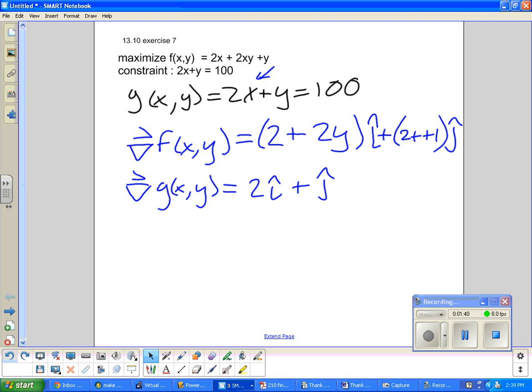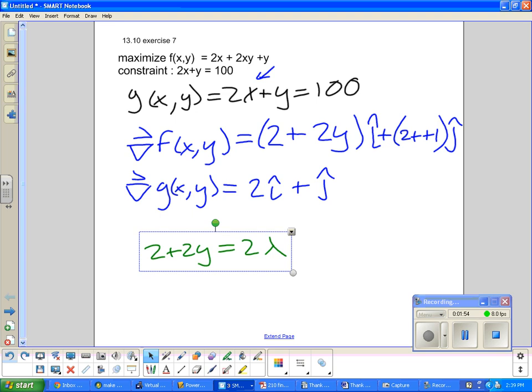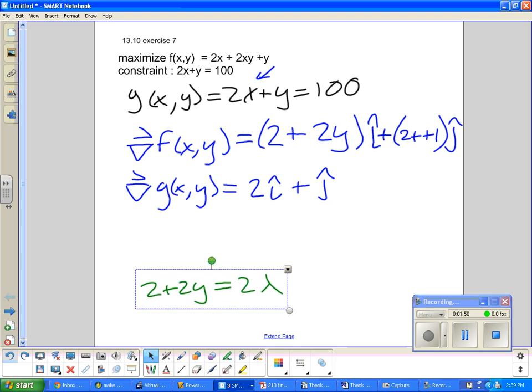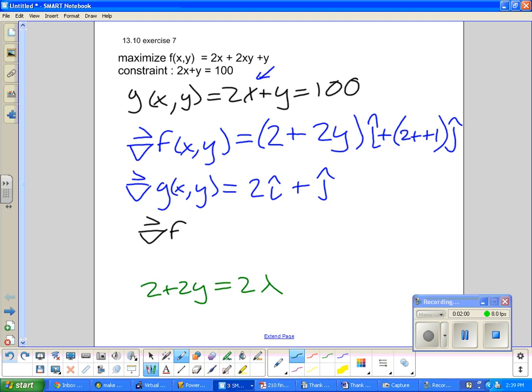Next, we're going to set our gradient functions equal to each other. So we're going to have 2 plus 2y is equal to 2 lambda. What we're doing is the Lagrange theorem: gradient of f is equal to the gradient of g times lambda, to find the critical points.